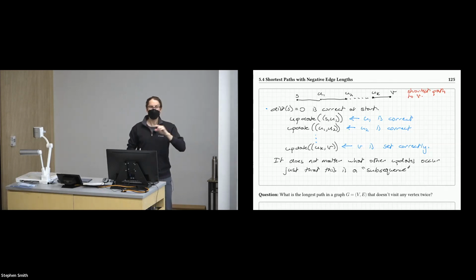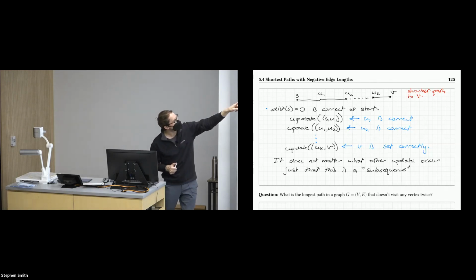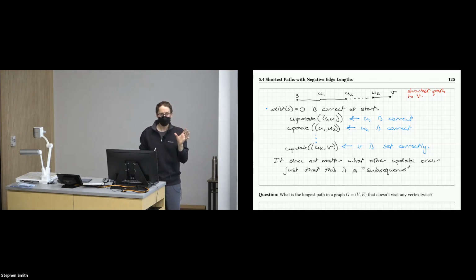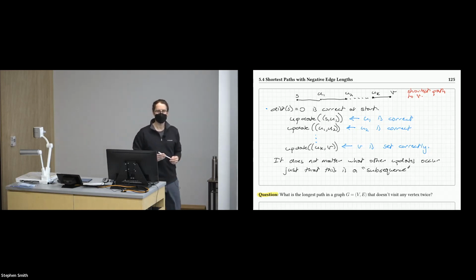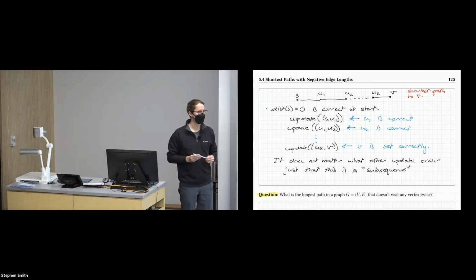And the question is, how many times do I have to do that before I will have got the sequence for sure from S to V? And that's really akin to asking this question that I've written here, which is, what's the longest path in a graph, V, E, that doesn't visit any vertex twice? Do you know the answer?